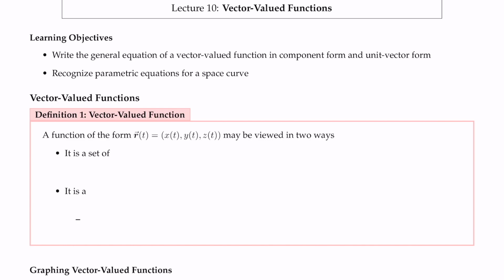So again, it is a set of three parametric equations that describe a curve in space. In addition, it is also a vector value function.